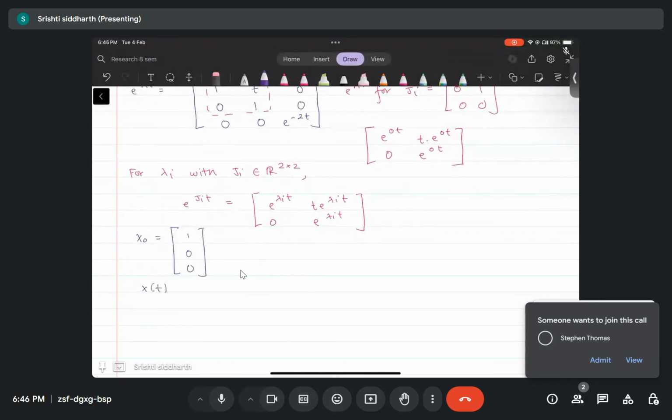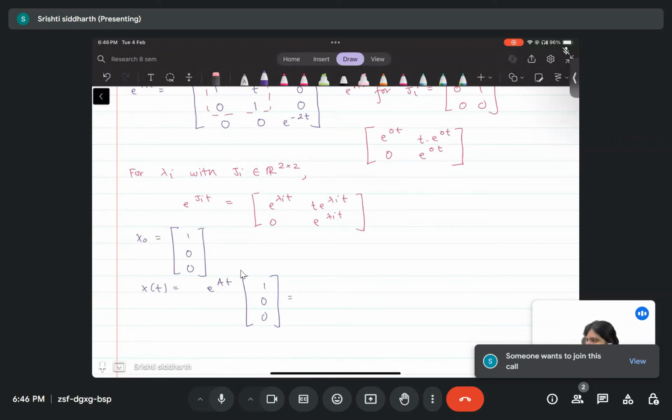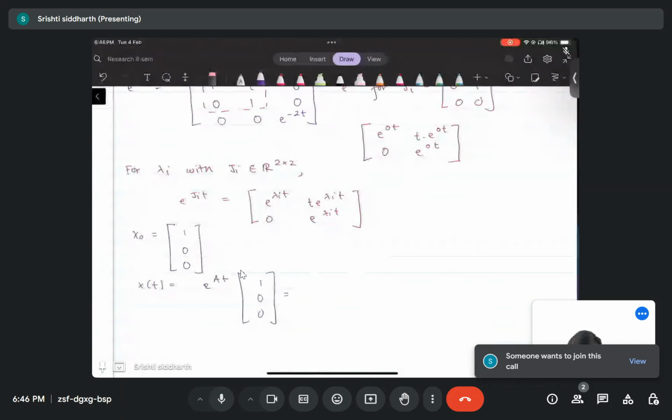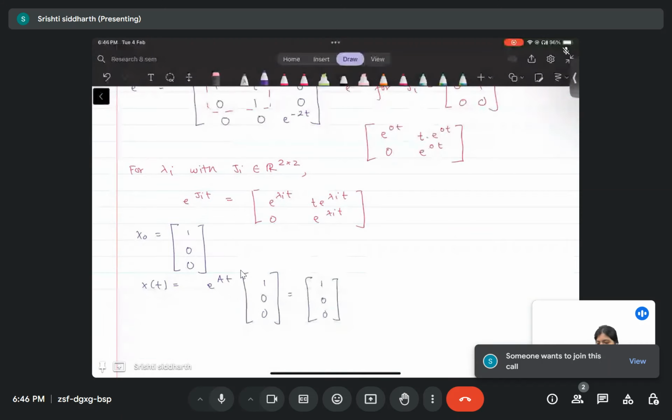So the solution is going to be e to the power At times 1, 0, 0. It's just the first column. So we have a constant vector. So from the initial condition, we're still at the initial condition.